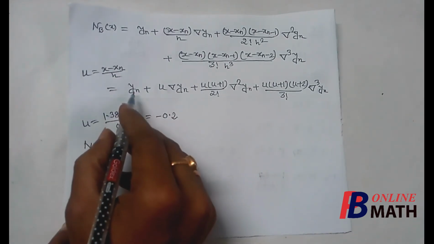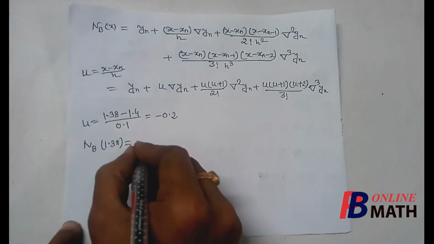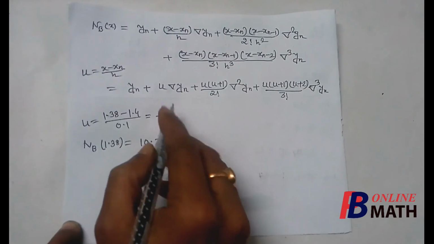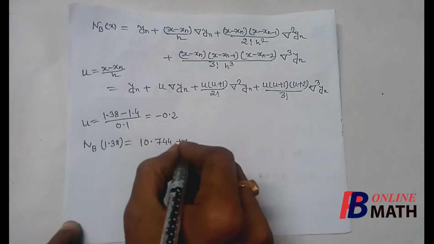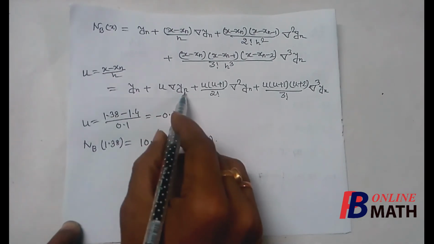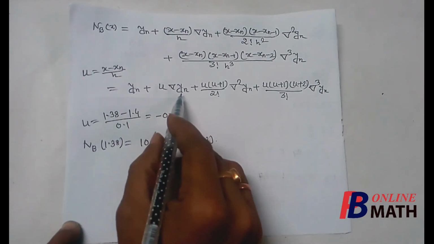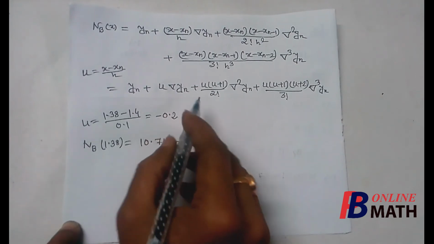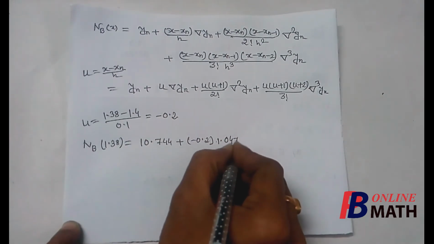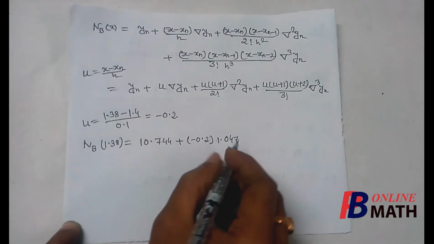equal to yn, and yn is 10.744, plus u into delta yn. What is the value of u? u is minus 0.2, into delta yn, the first order backward difference of yn, which is 1.047. This can be found from the table.